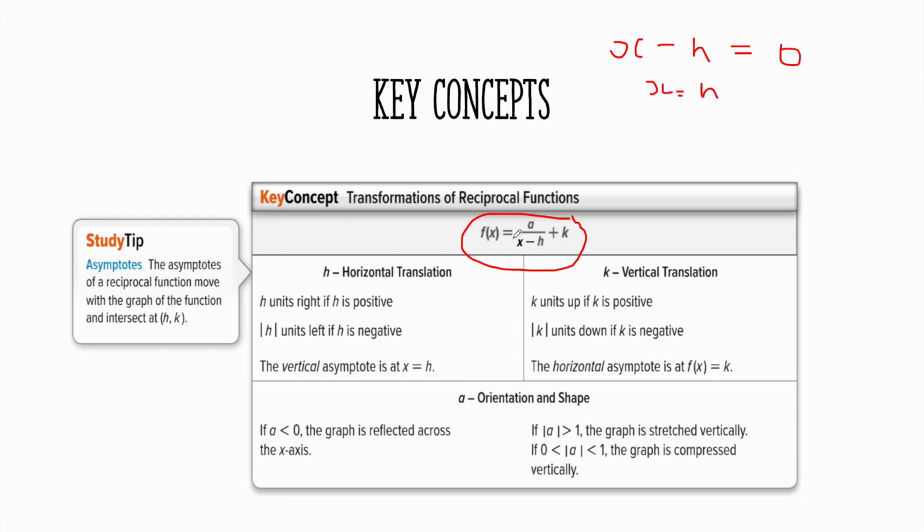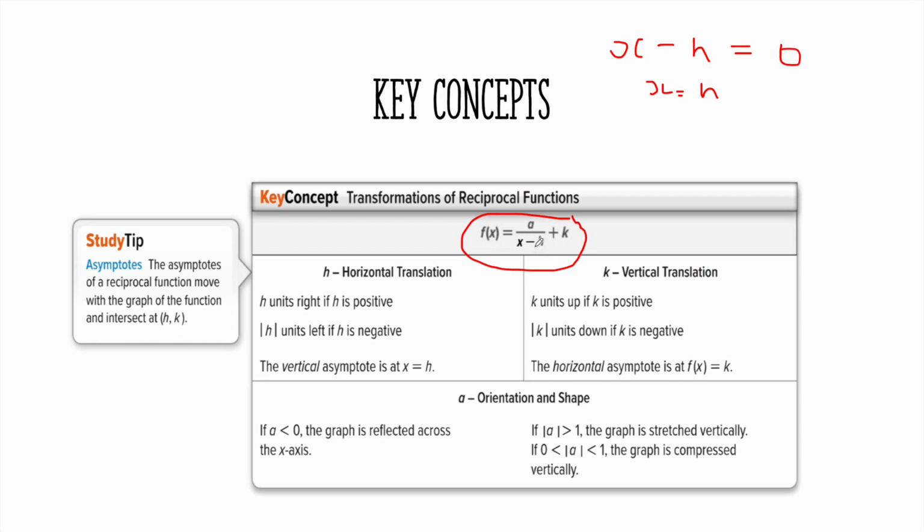So when we substitute the value of H here, and it is negative, right? So when H is negative here, but the value of H is positive, then our graph will move to the right. So if you see a negative sign here, your graph will move to the right. If you have a positive H, your graph will move to the left.